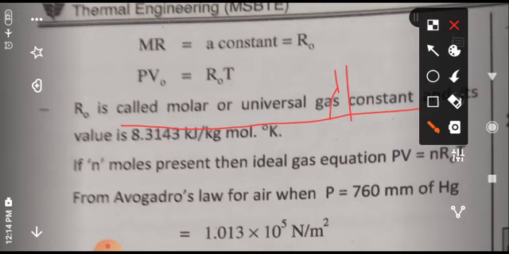Further, the value of R0 is given, which is equal to 8314.3 Newton meter per kg mole per Kelvin. Okay, this is also given.